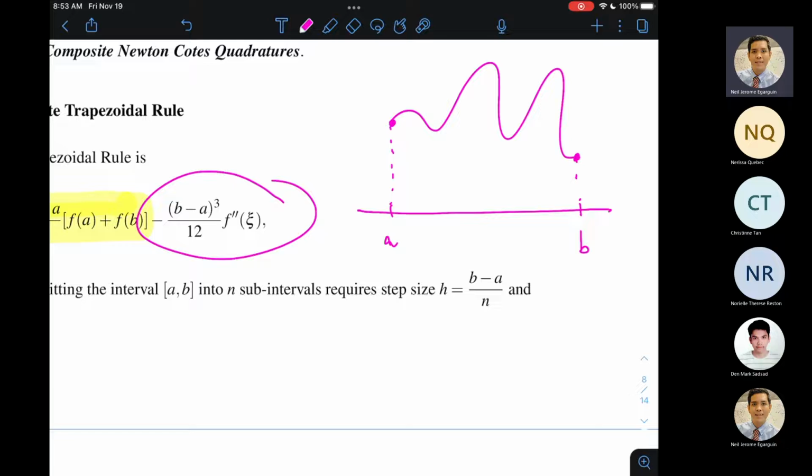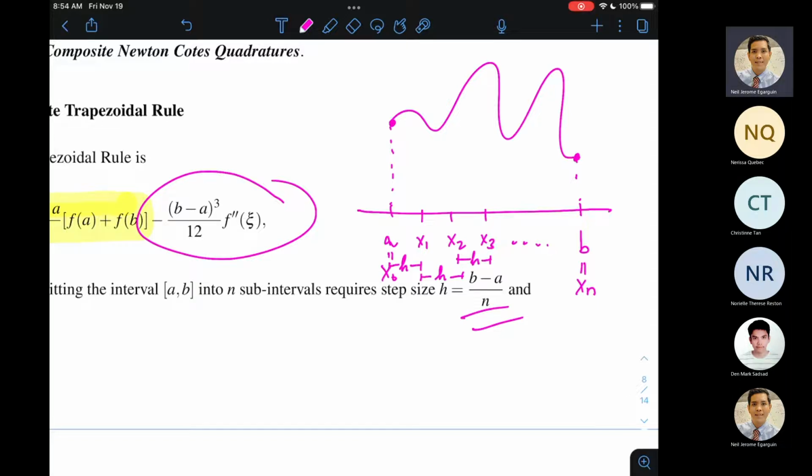So kung hahatiin ko itong si AB into n subintervals, each of the intervals to have uniform length should be of length b minus a all over n, right? So ito si x0, ito si xn, and then this would be x1, x2, x3, and so on. And the distance between two consecutive x's would be h, okay, which is b minus a all over n.